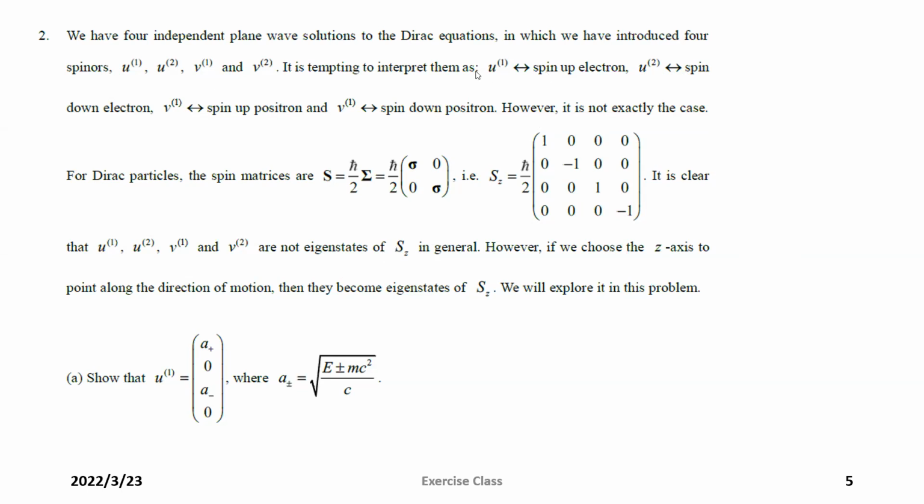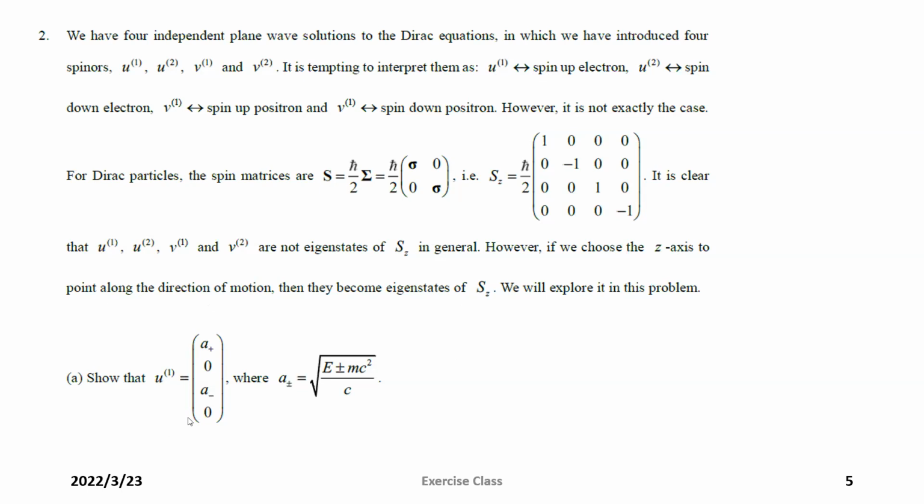So actually, we cannot interpret them like this. But in some special cases, for example if we choose the z-axis to point along the direction of motion, we can prove that they become eigenstates of the spin matrix. We'll prove this in this problem.